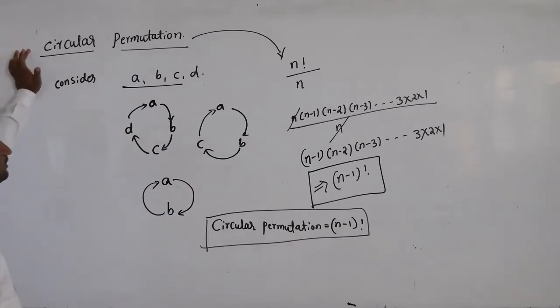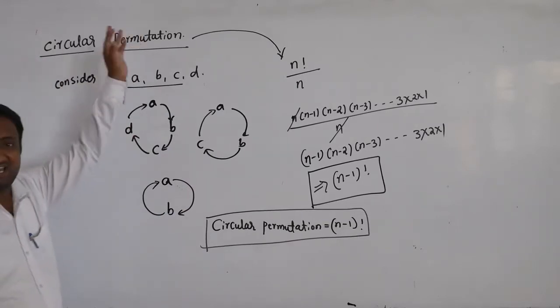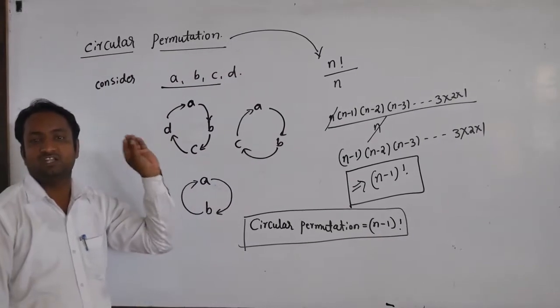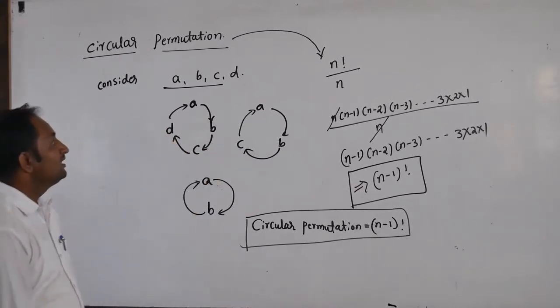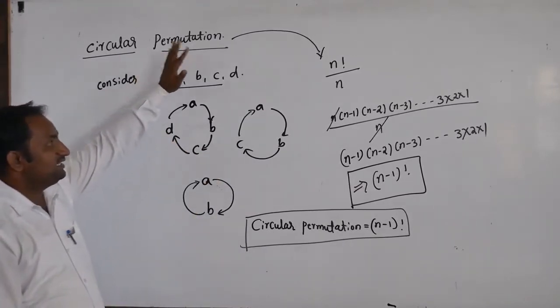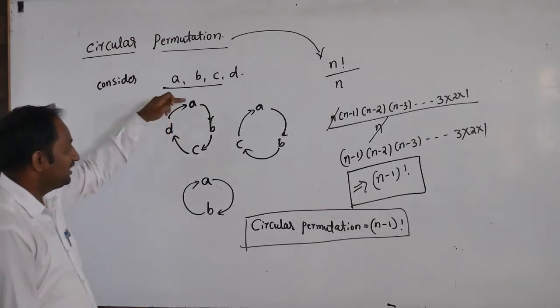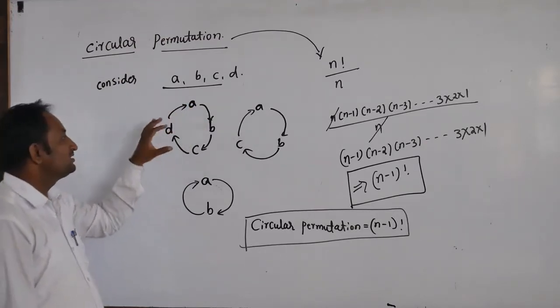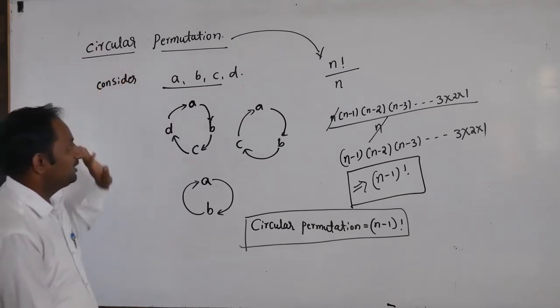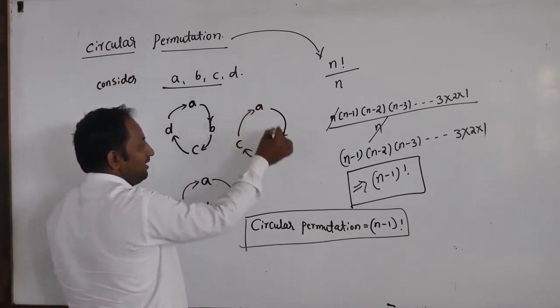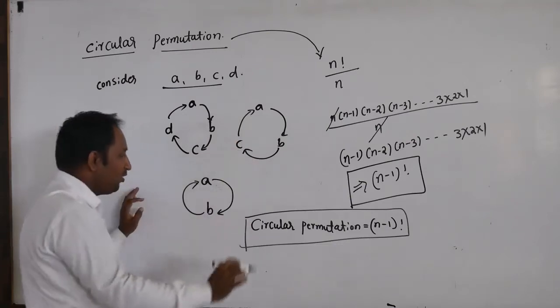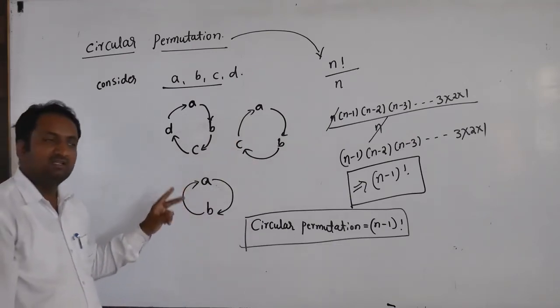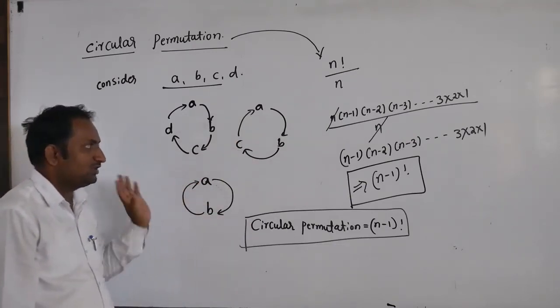Circular permutation means a closed path of arrangement of given things. Consider A, B, C, D, four elements; we can arrange them in a circular path. With only three elements, A, B, C, they are arranged in a circular path. If only two values are given, you can still arrange them in a circular path.